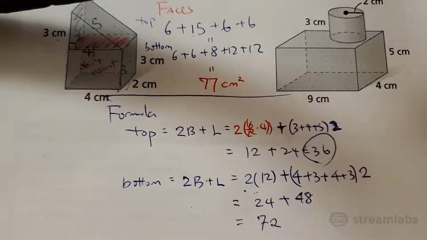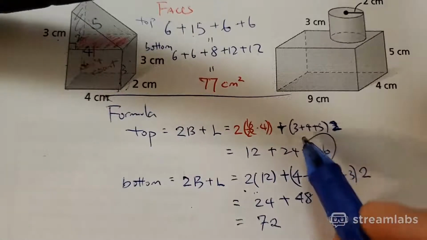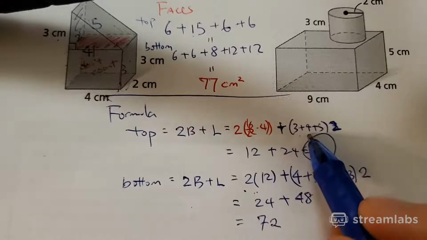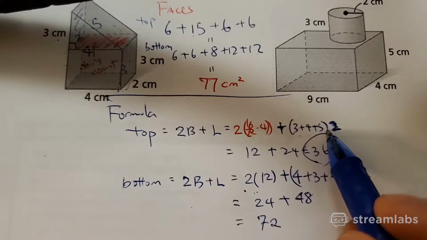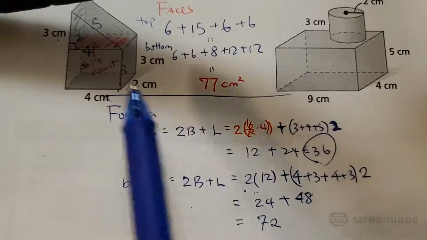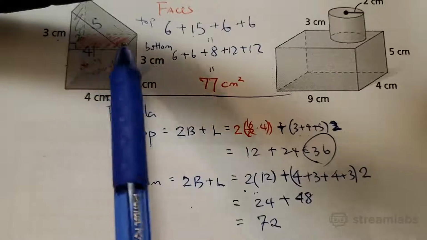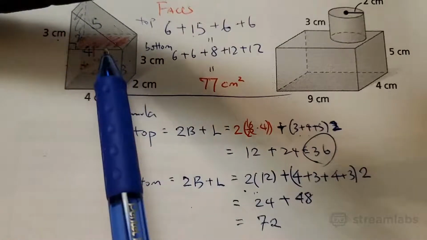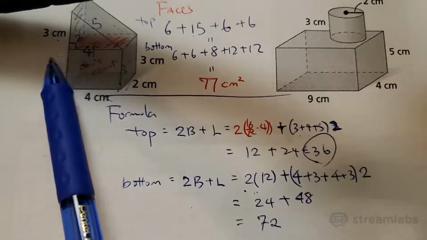I don't feel good. I don't feel good. What happened? Lateral for the top is 30. They counted wrong. What happened here? Wait, top is, what's this?